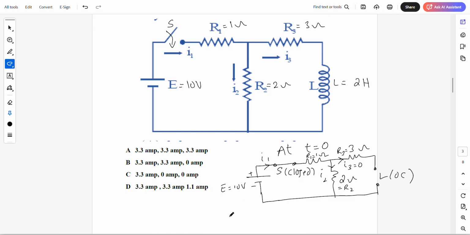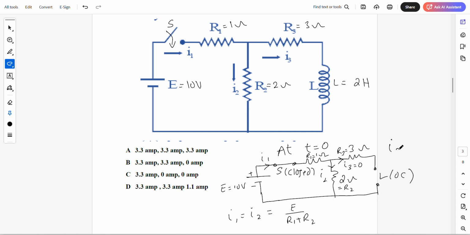What is the value of current? I1 is equal to I2, because the same current is flowing here. I1 is equal to I2 is equal to E divided by R1 plus R2. No current is flowing in R3 here, so I3 is 0.